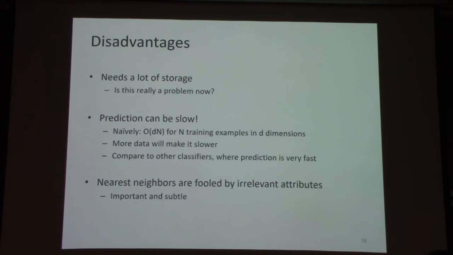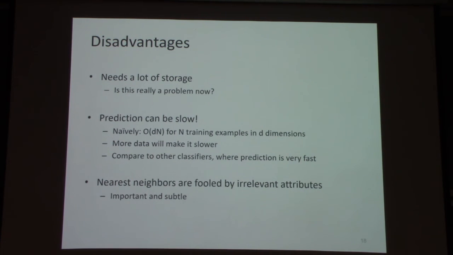If you have d-dimensional vectors in your training set and you have n points, for every example you have to iterate over every training example, so that is n examples. You have to compute distances between the test example and each training example. That's roughly an order of the dimensionality. So the complexity could be O of d times n. And if you have more and more data, prediction becomes slower, which is a bit of a problem.